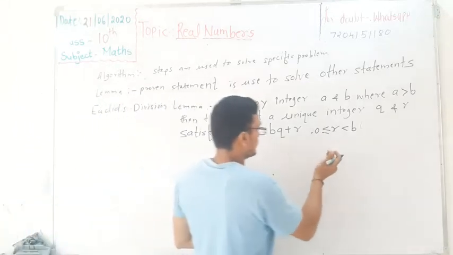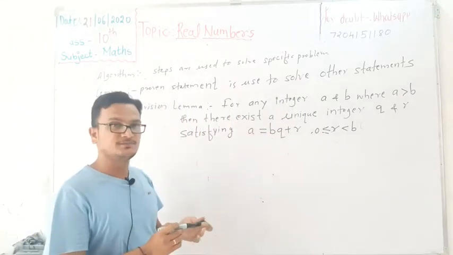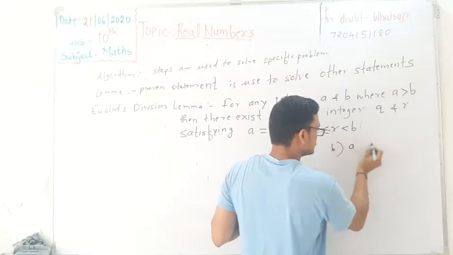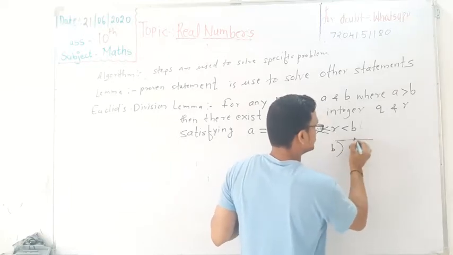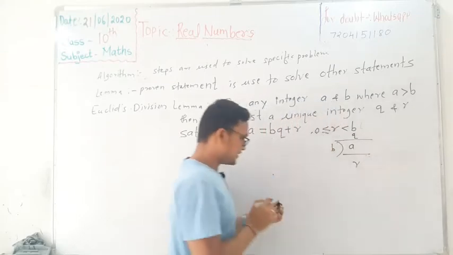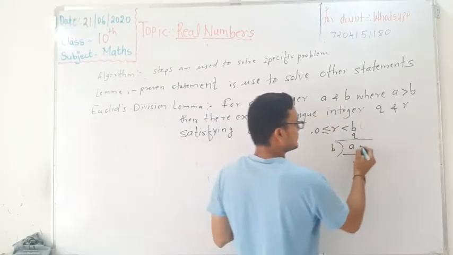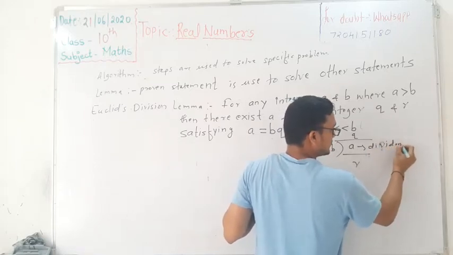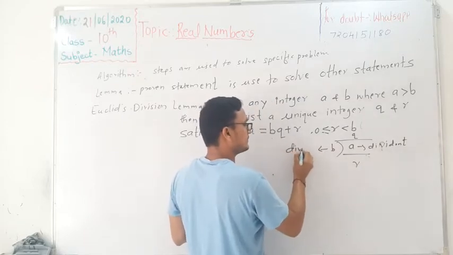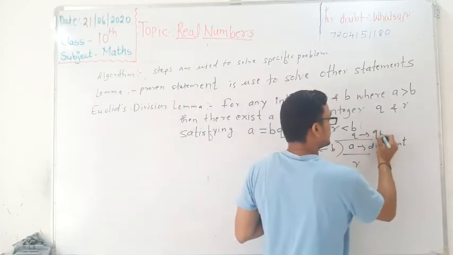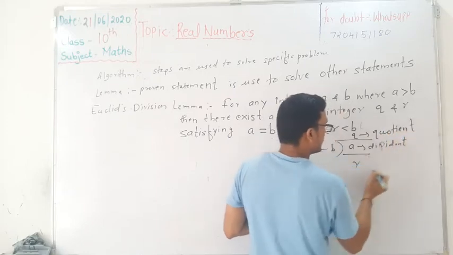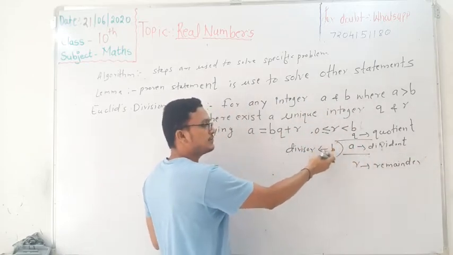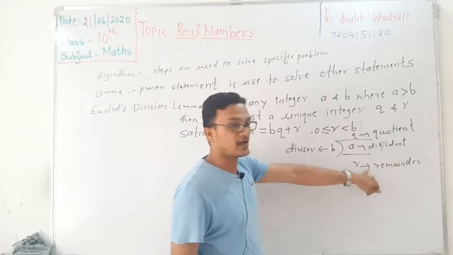This statement we have already studied by the long division method. Here a is called the dividend, b is the divisor, q is the quotient, and r is the remainder. So a is divided by b, where q is the quotient and r is the remainder.